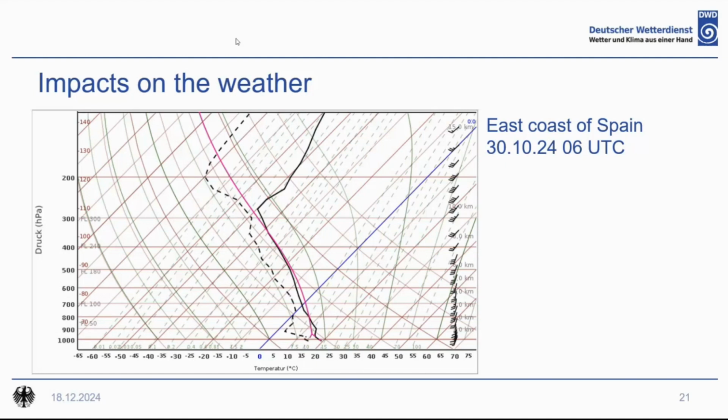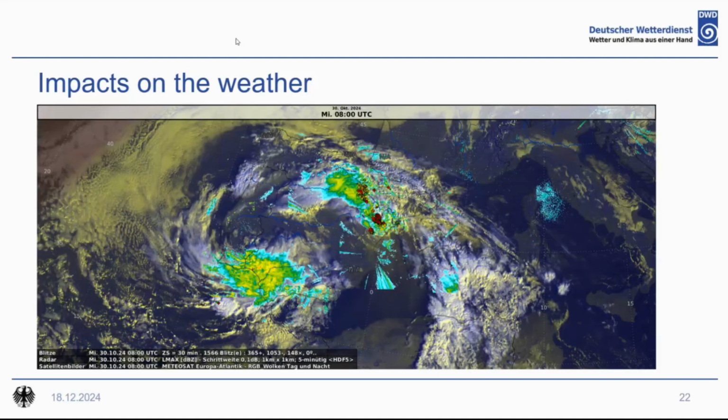And this is something you can also see in the satellite, radar and lightning image, which I show you here from the 30th of October at 8 UTC. You can see that there are fewer thunderstorms than the day before, and that the thunderstorms that still exist are in the Pyrenees.